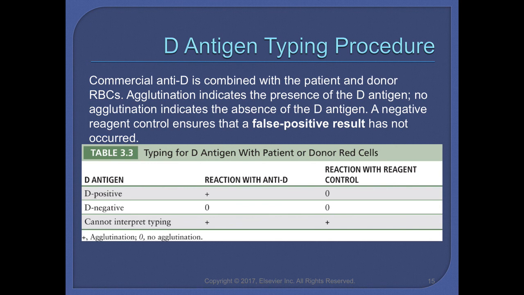If the D antigen is negative, you will have no reaction with anti-D, and the control should be negative as well. If you have a positive reaction with the anti-D and a positive control, you cannot interpret these results. The results of the reagent control should always be negative.